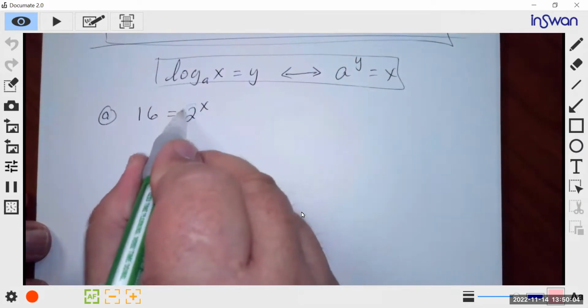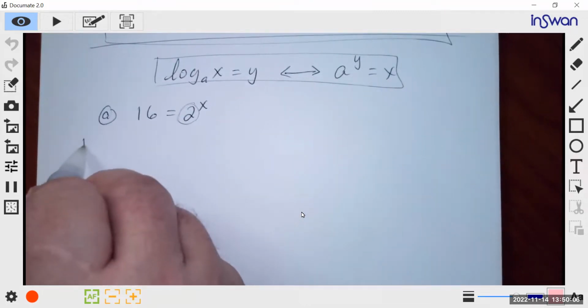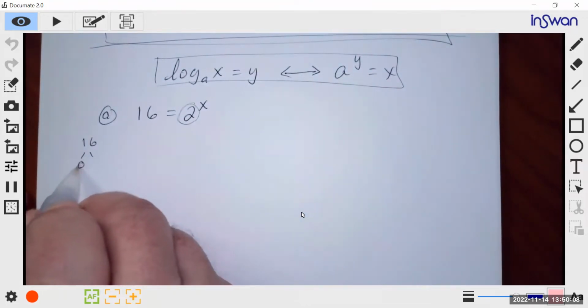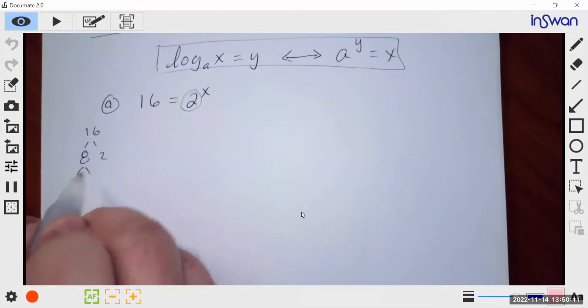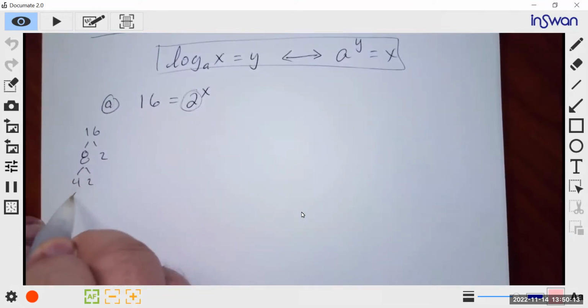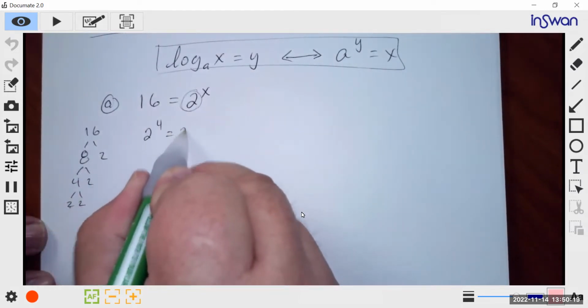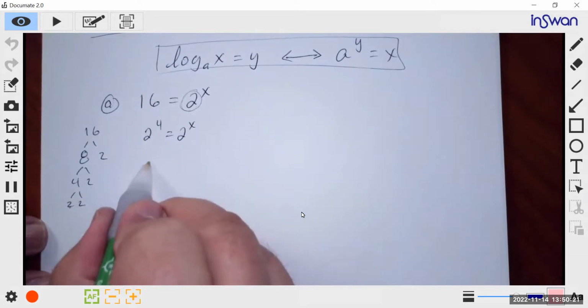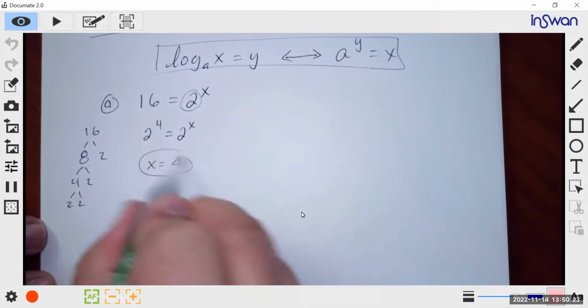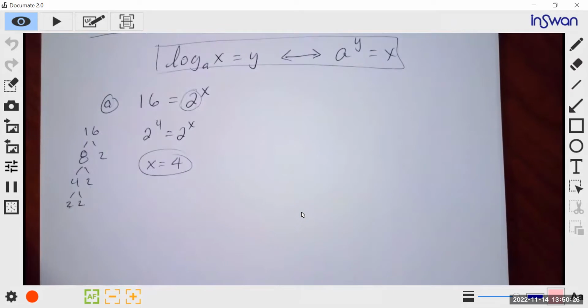So we have to try to get the same bases. 16 is made up of 8 times 2, 8 is made up of 4 times 2. So 1, 2, 3, 4. 16 is the same thing as 2 to the 4th power. So that means x has to equal 4.